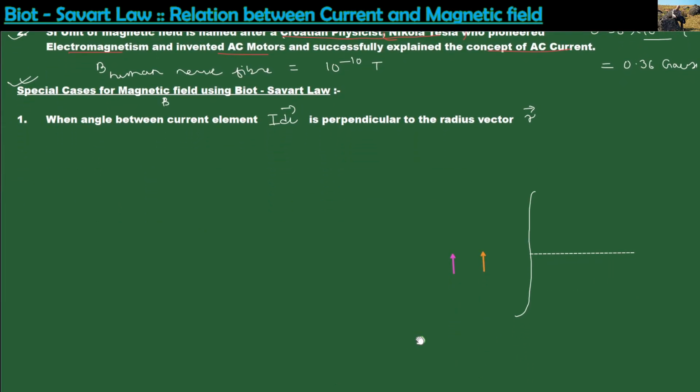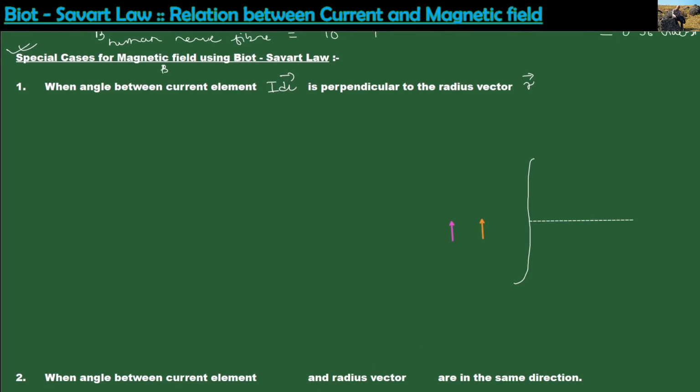I have this figure, and on this figure I pass a current moving in this direction. Then I consider any element dl, and this will be the direction of our I dl. I consider any point P such that the distance from this element up to the point P is our radius vector or position vector r bar.